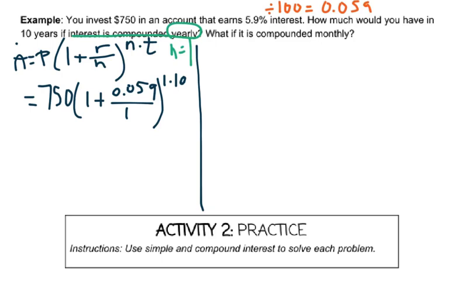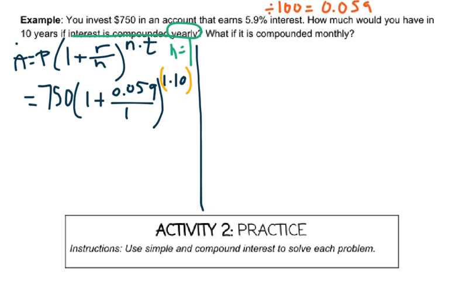Now if you type all this in your calculator, one thing you have to remember, or else you're not going to get the right answer, is when you do the exponent, depending on your calculator, you need to make sure to put the exponent in parentheses. Okay? So I'm going to go ahead and plug this in. 750 times 1 plus 0.059 divided by 1. I don't really need to divide by 1.